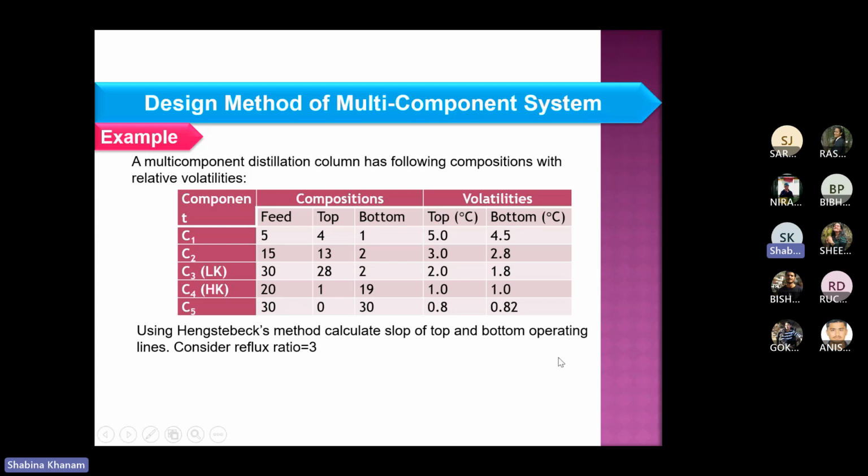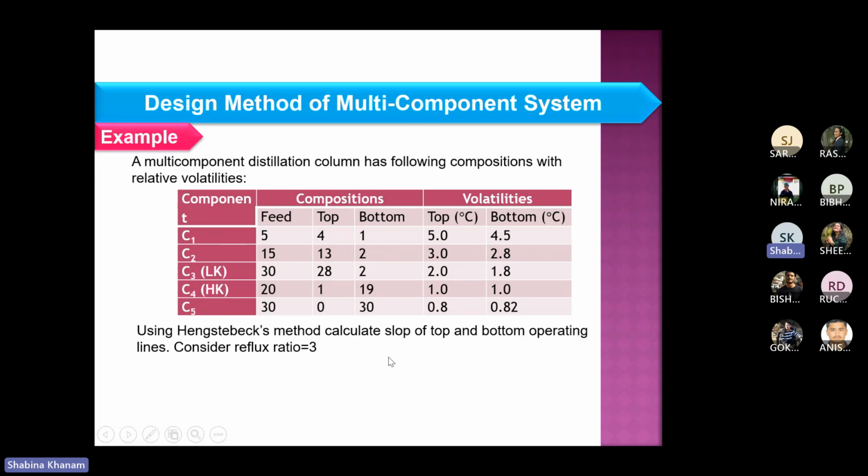If you see this example, it is a multi-component distillation column. The composition and relative volatilities are given: the composition of feed, top and bottom is given already. And here we are getting very little amount of the lighter component, even the lightest component also.